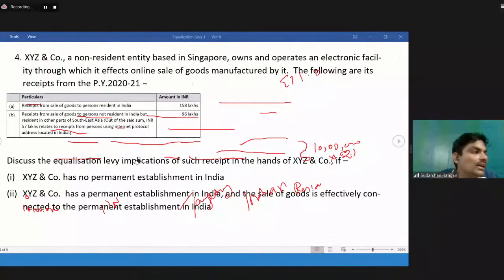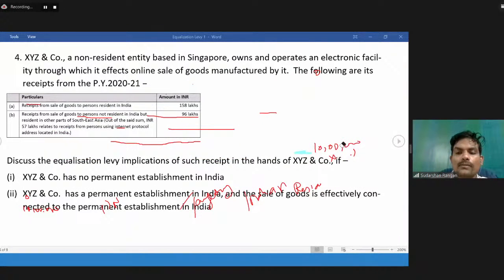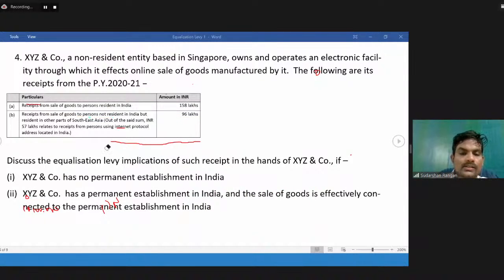equalization levy is attracted. Now let's try to solve one last problem in equalization levy, which is a combination of whatever we have discussed. This will hopefully establish or strengthen your understanding.